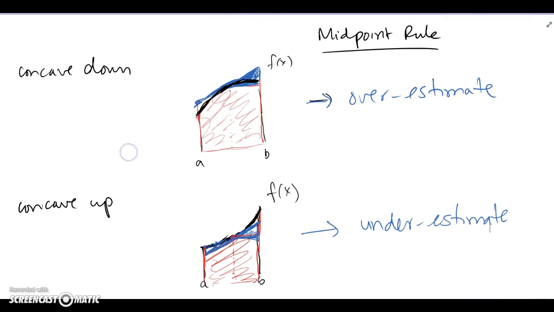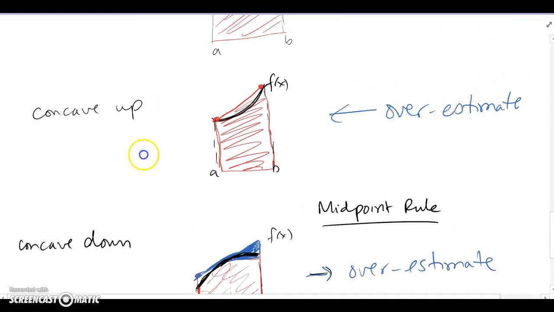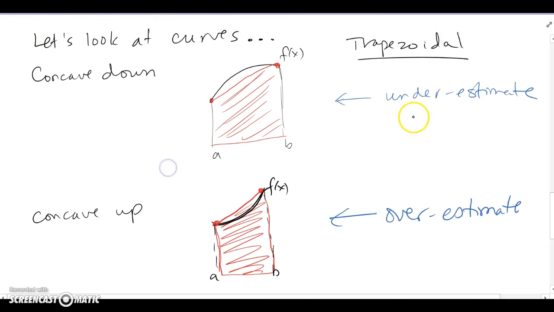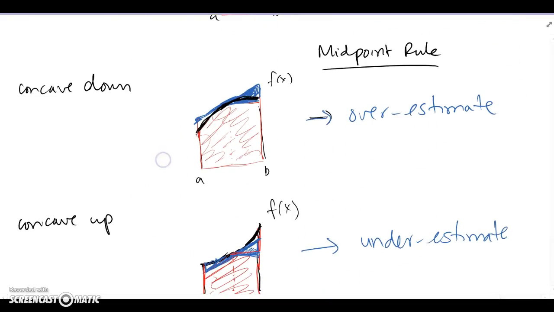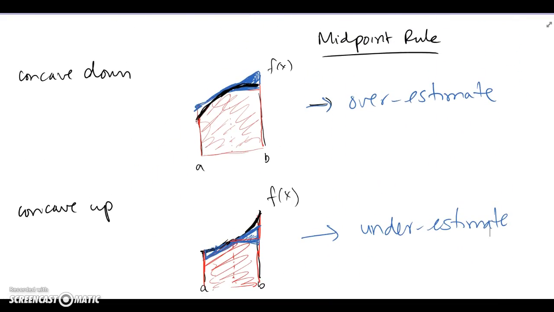If we're looking at the midpoint rule, concave down, overestimate for the midpoint rule, concave up, underestimate for the midpoint rule. So these two behave, it looks like, in the opposite way that these two do. This for concave down was an underestimate, whereas in this case it was an overestimate.